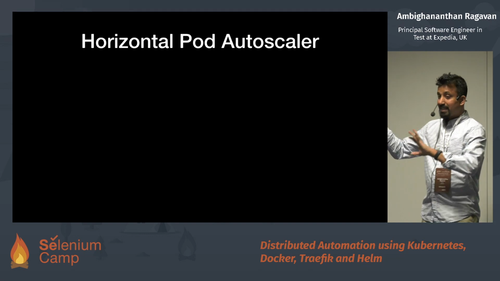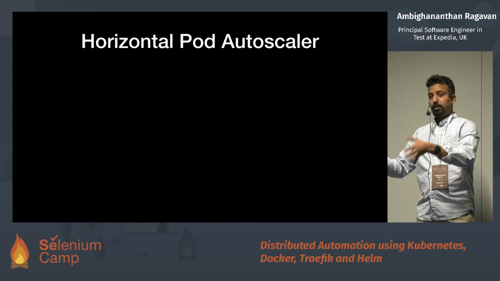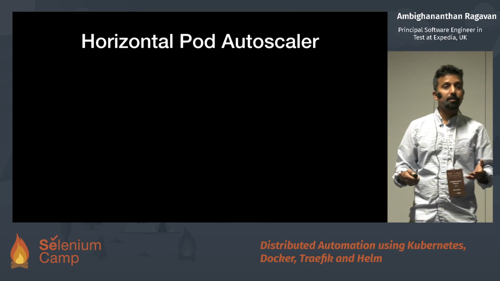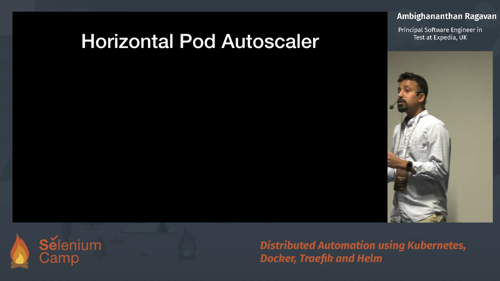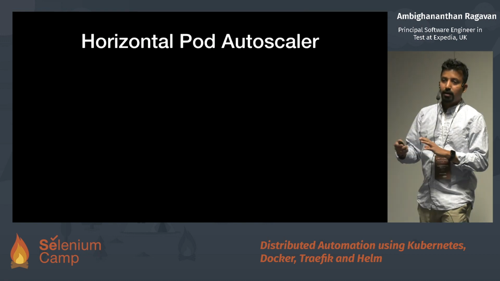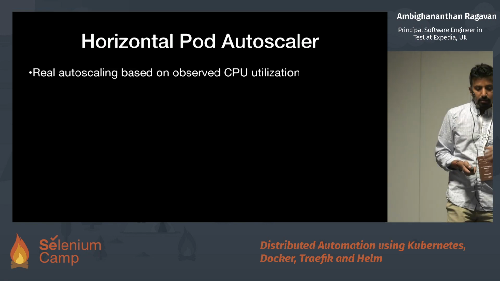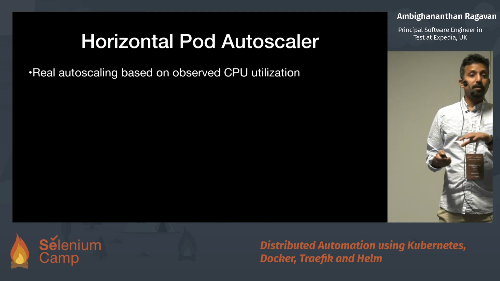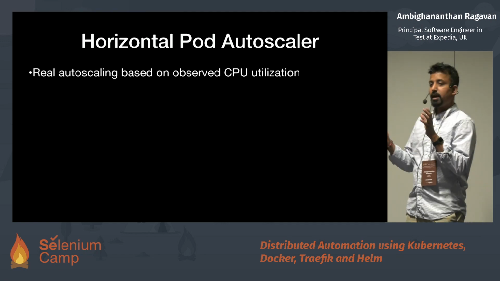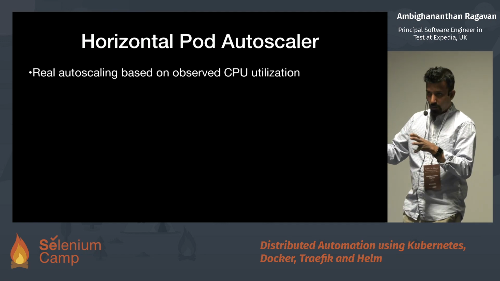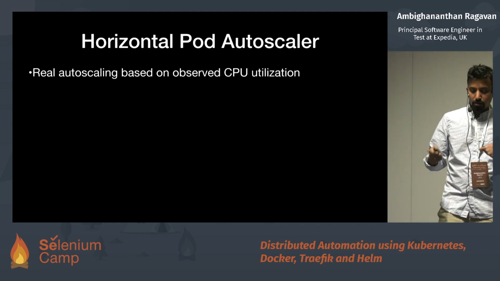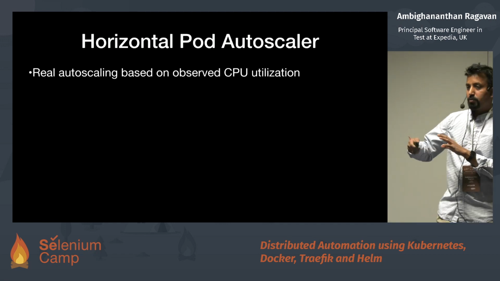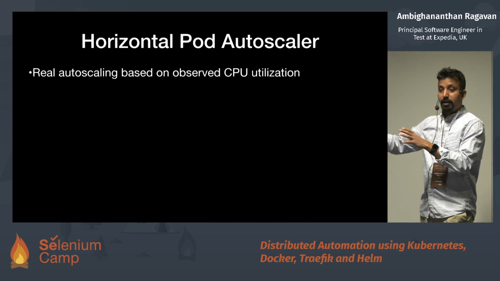So I talked about scaling, but Kubernetes also allows you to have a feature called the horizontal pod autoscaler to actually autoscale. Real autoscaling is based on observed CPU. For example, if you have a Selenium node, you can tell the horizontal pod autoscaler, if the CPU reaches 90%, then keep creating more pods.